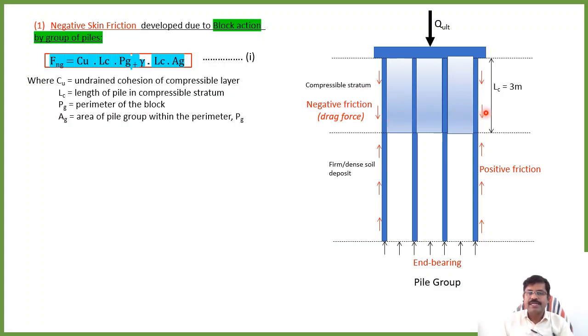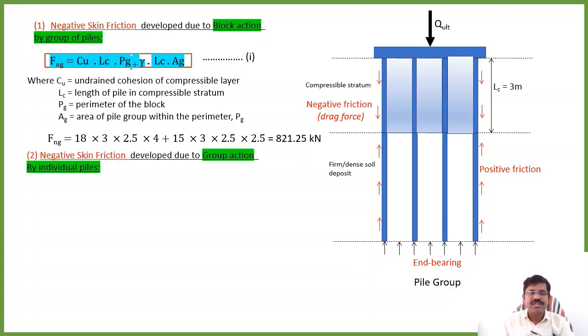So the entire thing, the pile group and the surrounding soils, are taken together as one single block, and Ag is the area of the pile group within the perimeter. So this can be calculated as 821.25 kilonewton.